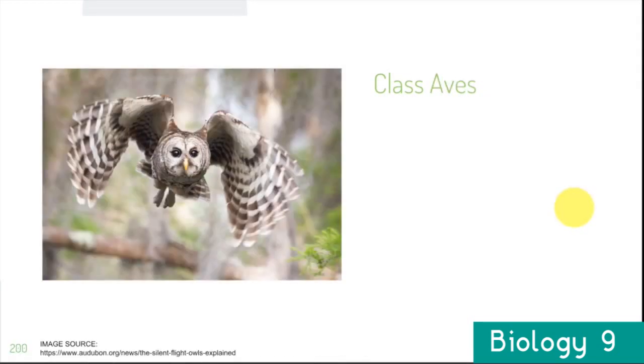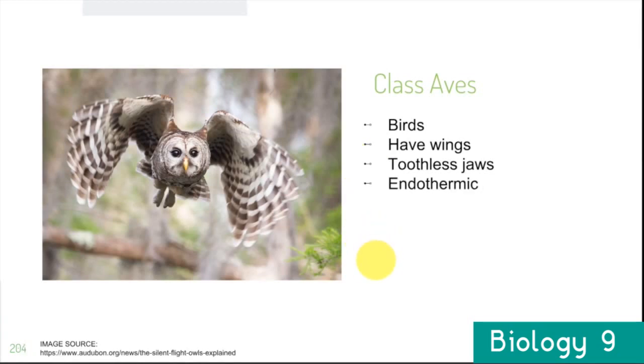Aves, these are the birds. They've got feathers, of course, over most of their body. And the forelimbs are adapted to make wings, which birds use to fly, of course. Most birds, that is. The sternum or breastbone has been enlarged into a big keel shape for the attachment of those powerful wing muscles, particularly in those birds that fly. They've got light skeletons, which means that it's easy for them to move around.